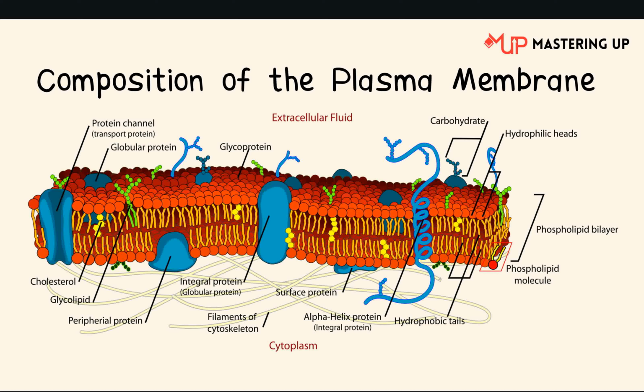You can see the cholesterol, glycolipid, and then you can see the protein channel and the integral proteins, and then the peripheral proteins which lie on the surface. So this is the illustration showing the composition of the plasma membrane.